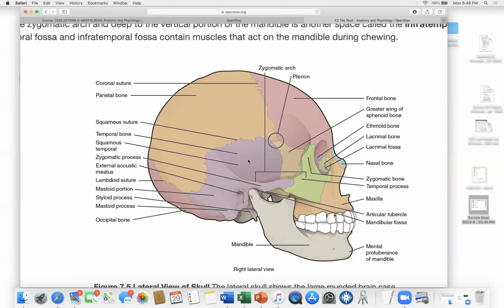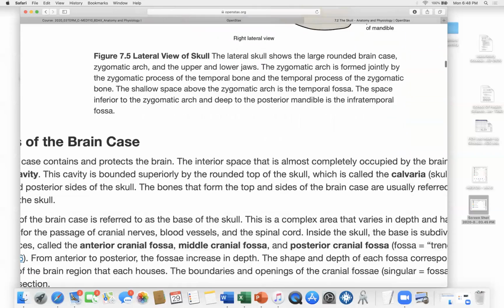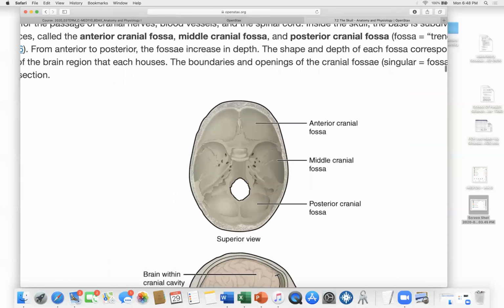Okay. Here, your temporal. And your temporal and your parietal bone is separated by your squamous suture here. You have your lambdoid suture here because on the back of the bone, it kind of looks like a lambda or like a triangle. And this bone here is your occipital bone or your occiput. And then there's more things.